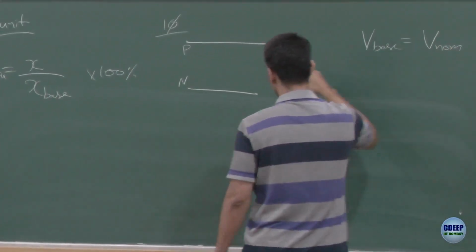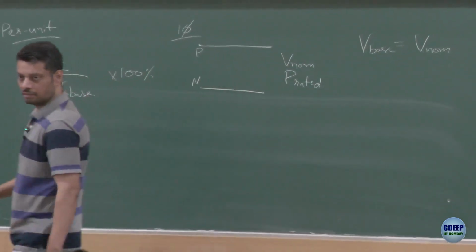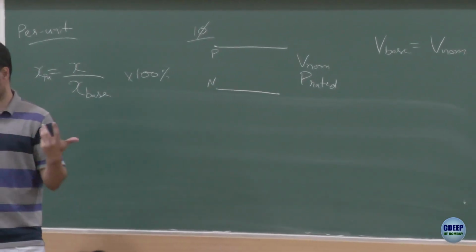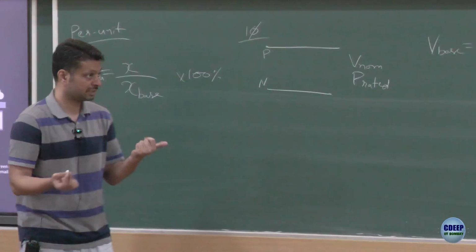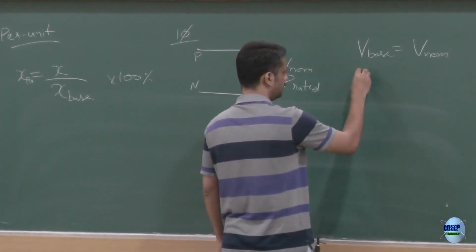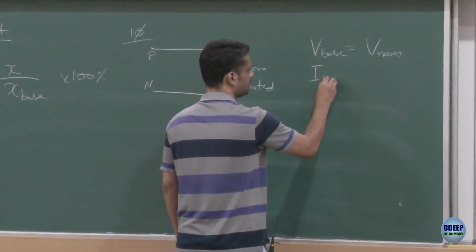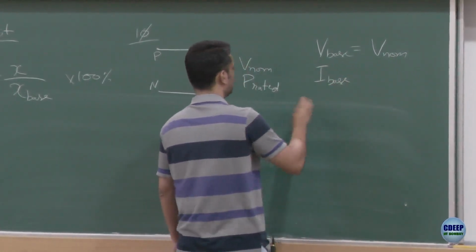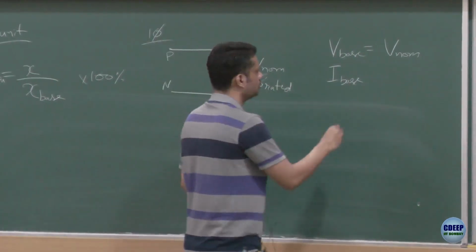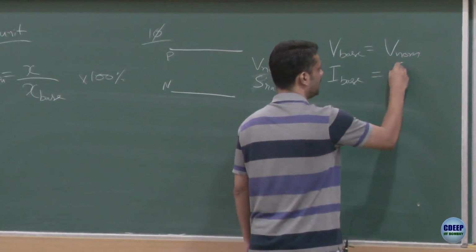What is V nominal in a single phase? It's the RMS value of the phase voltage, 230 volt for instance, if I consider our room. The current base is, this is not P base actually, this is S rated. So I base is nothing but S rated upon V nominal.